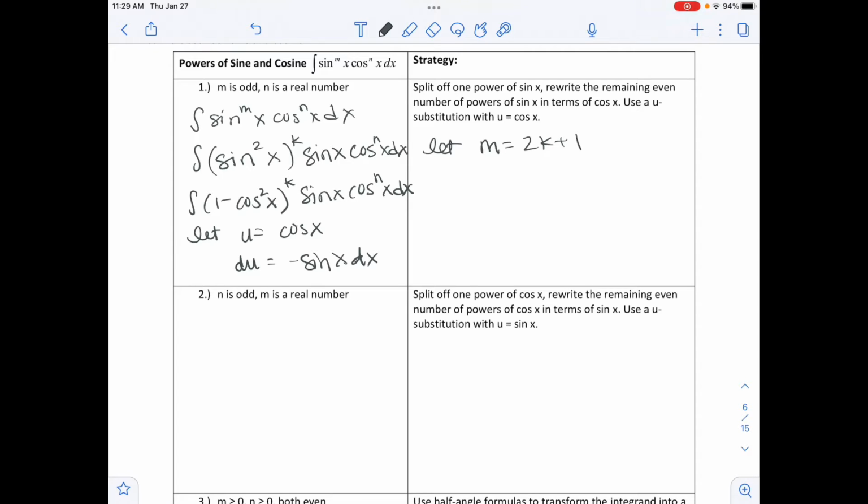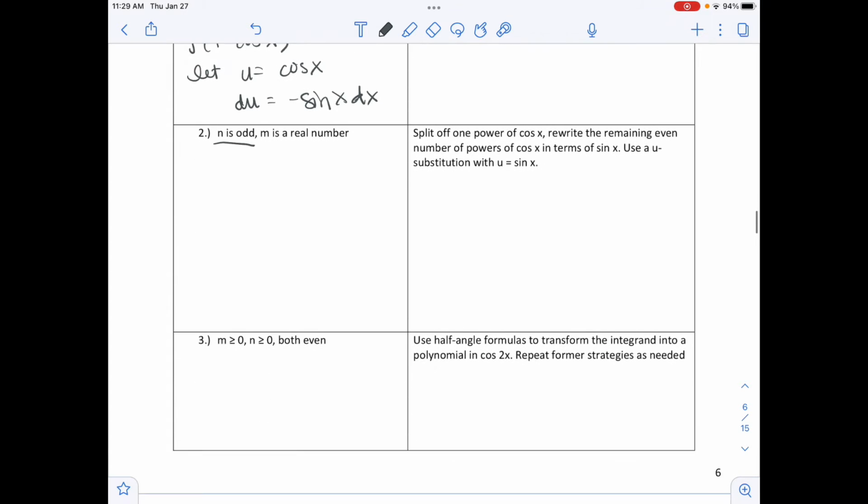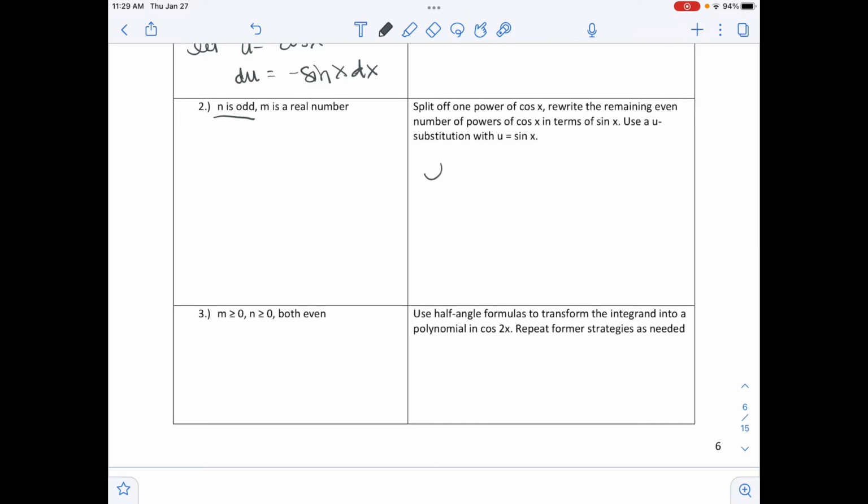Likewise, case 2 would be if n is odd and m is a real number. And so likewise for this case, we're going to let n equal 2k plus 1 since it is odd.